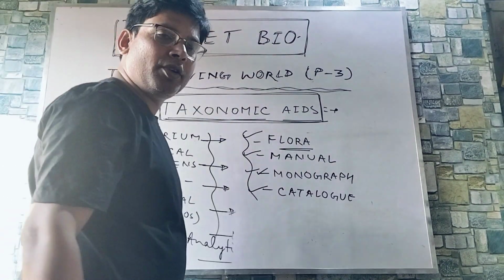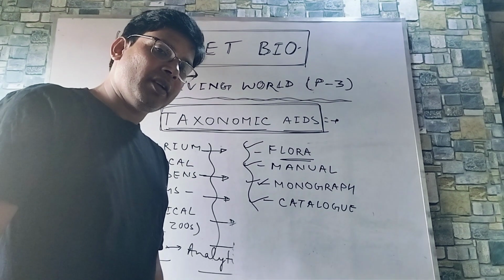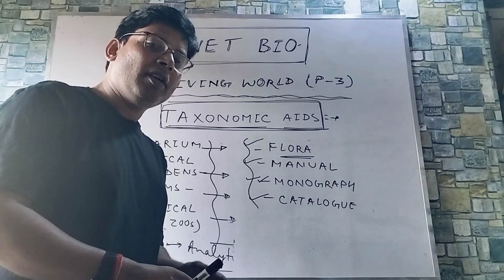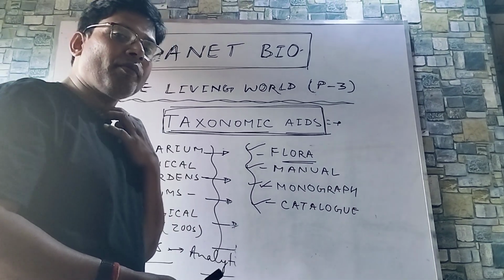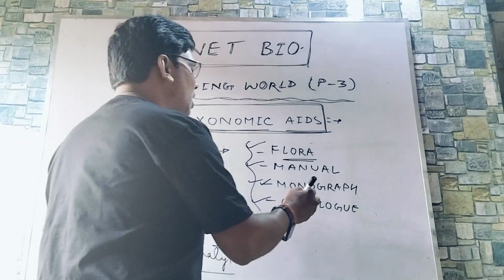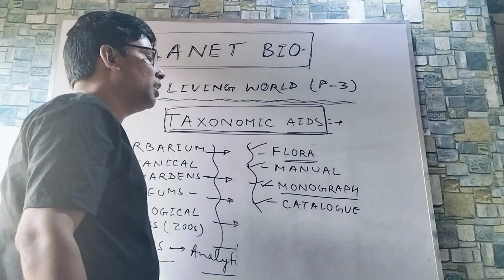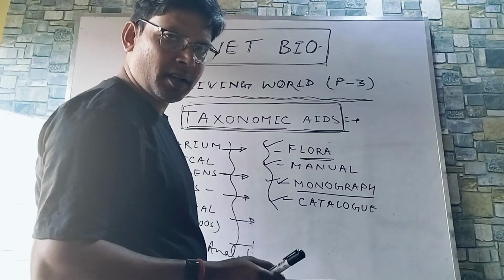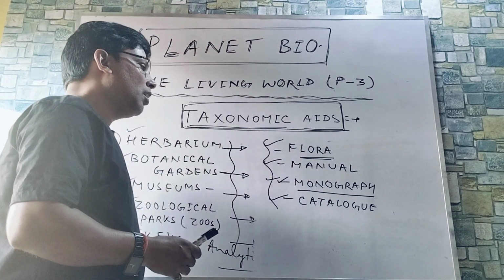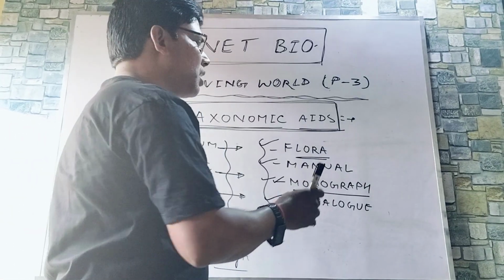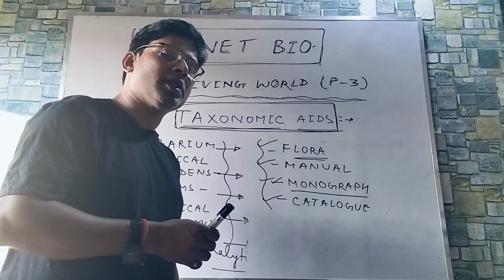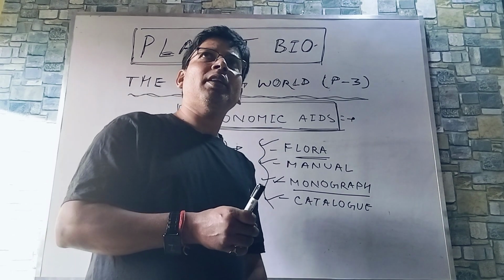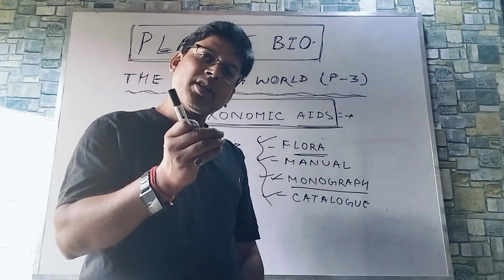For example, you must know the father of angiology. Who is the father of angiology? That means father of circulation. Monograph includes information regarding a particular taxon. There was a scientist named William Harvey, the father of angiology, which means the study of circulation.